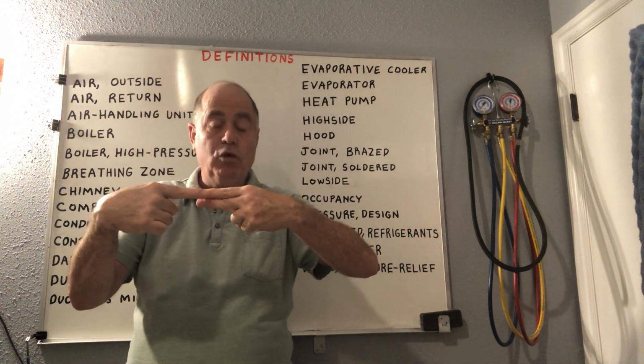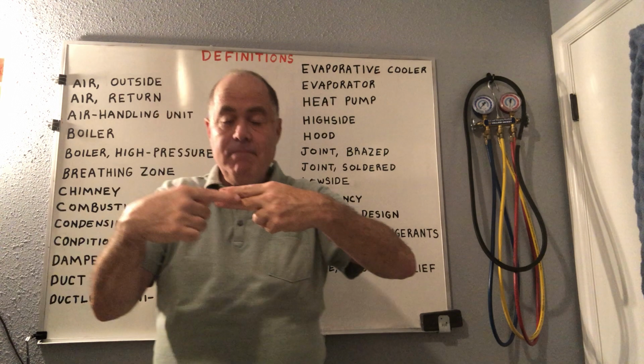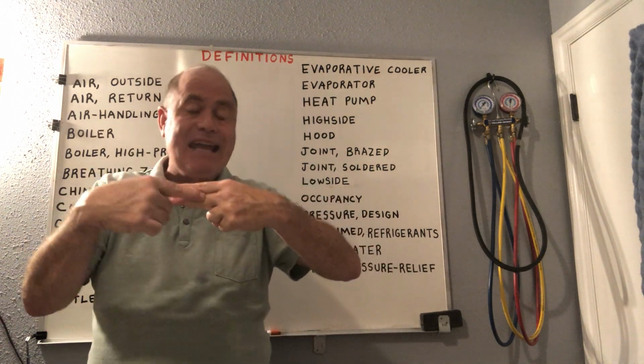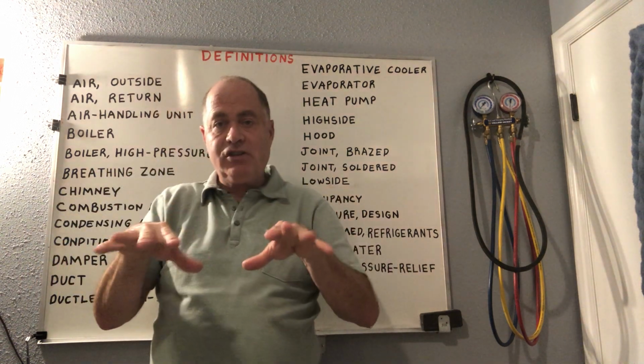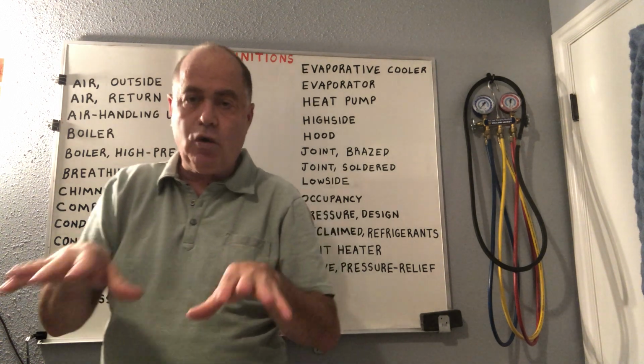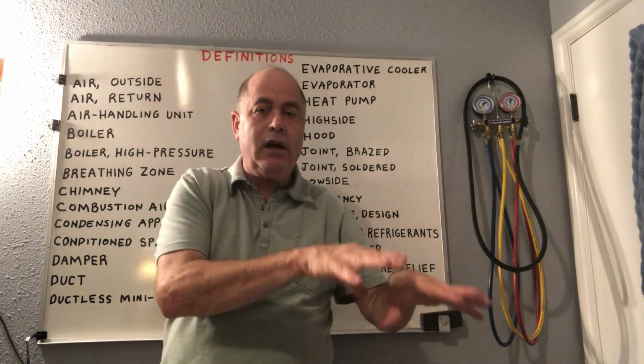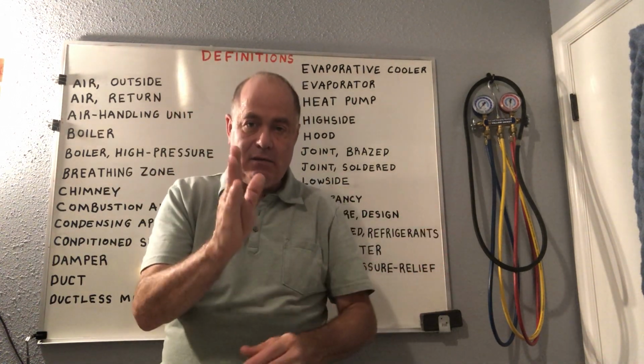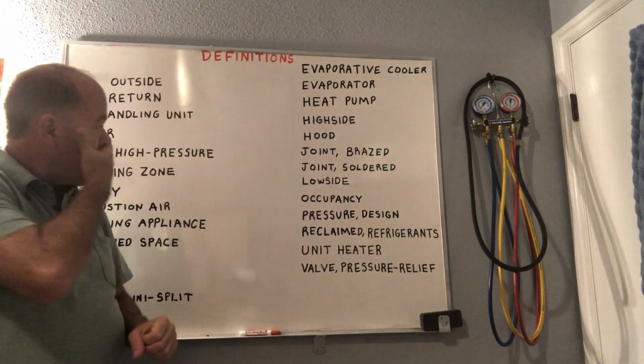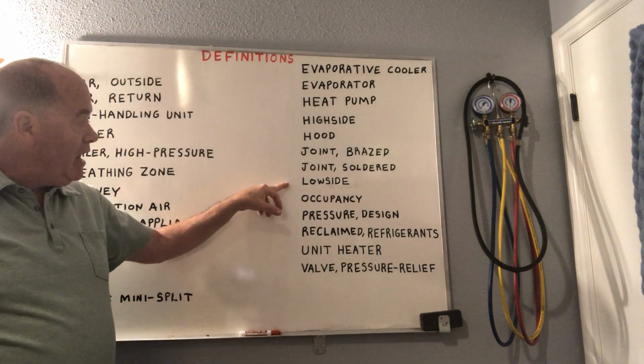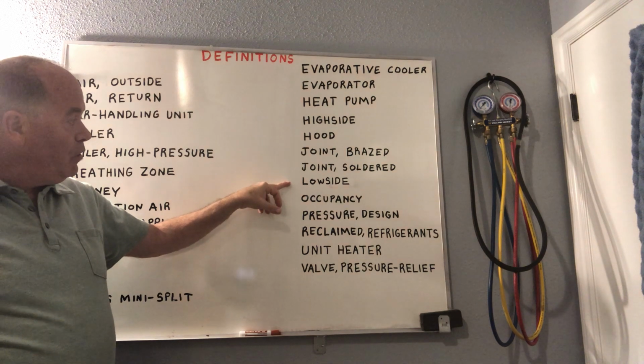So with actual welding, you're melting what you're working on and adding an alloy. With brazing or soldering, you're not melting what you're working on, you're just melting an alloy onto it to seal it. Comprende? Okay.